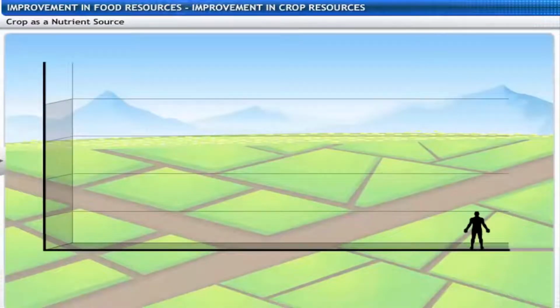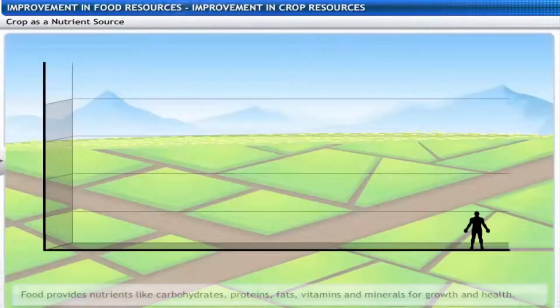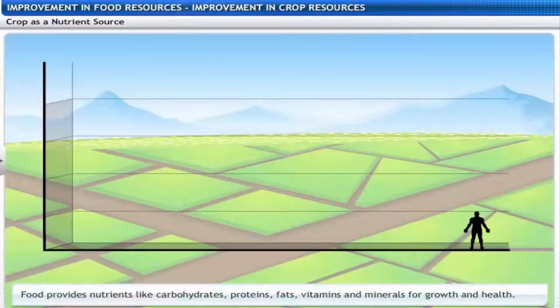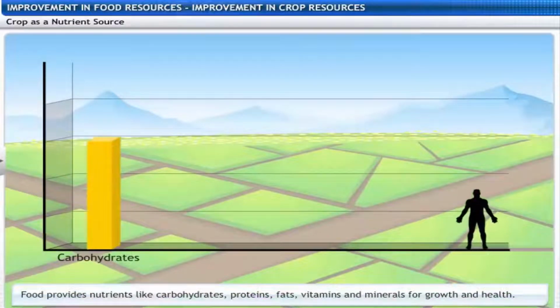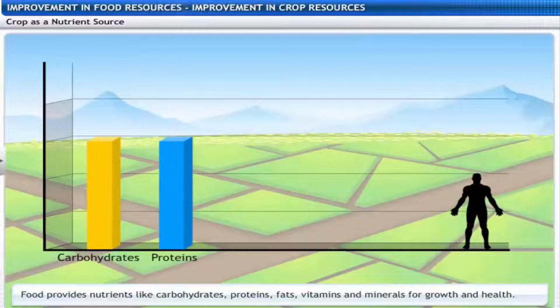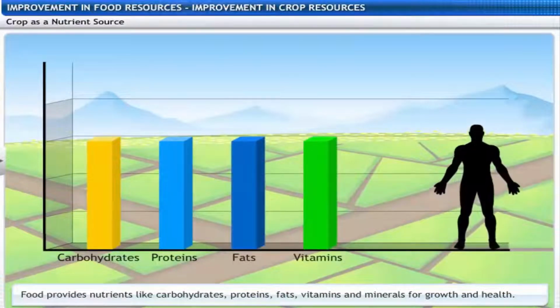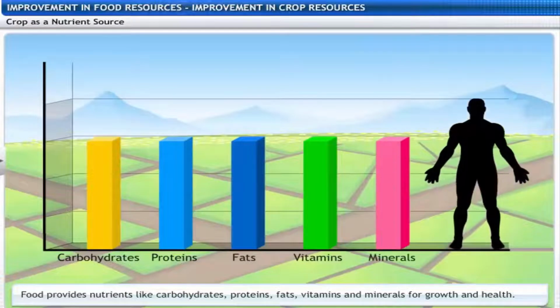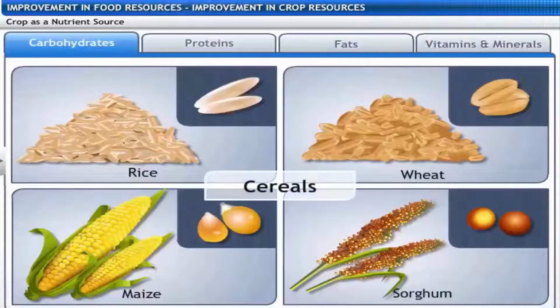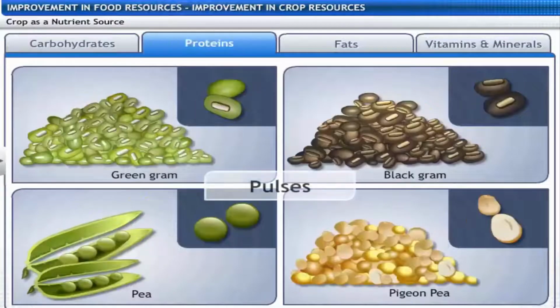Living organisms need food. Food provides nutrients like carbohydrates, proteins, fats, vitamins, and minerals for growth and health. Cereals provide carbohydrate. Pulses provide protein.